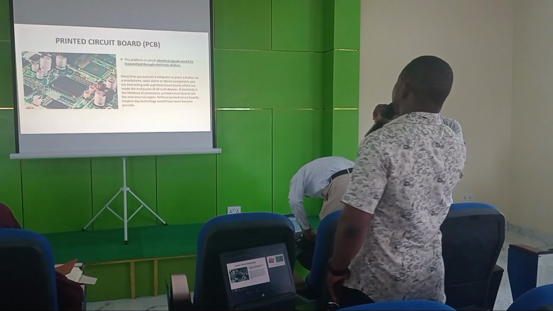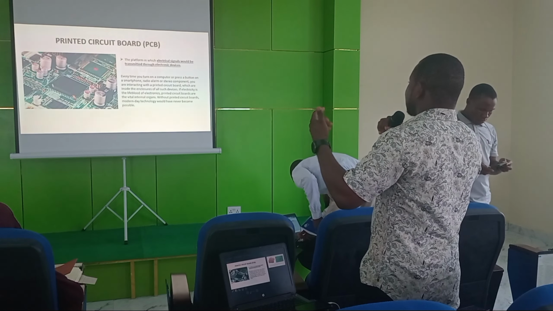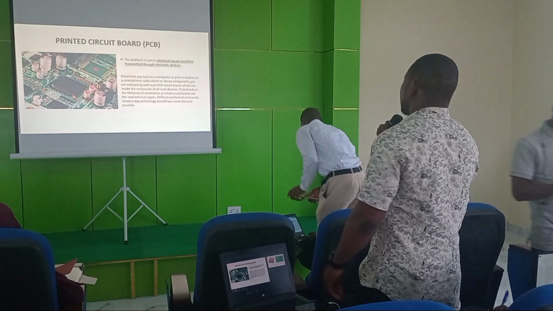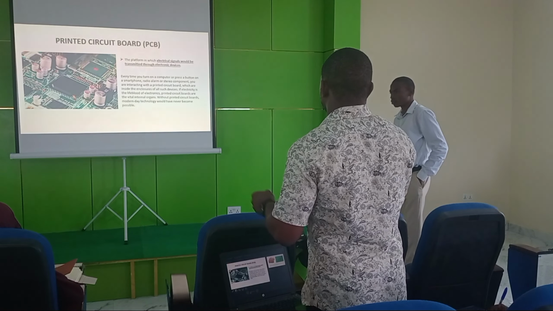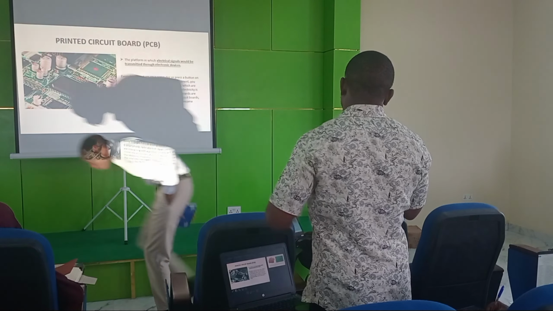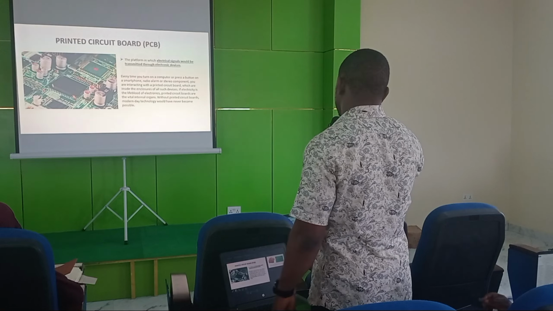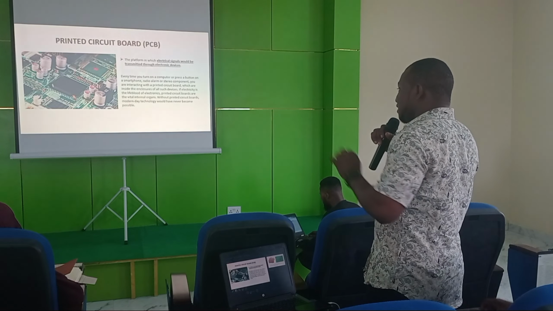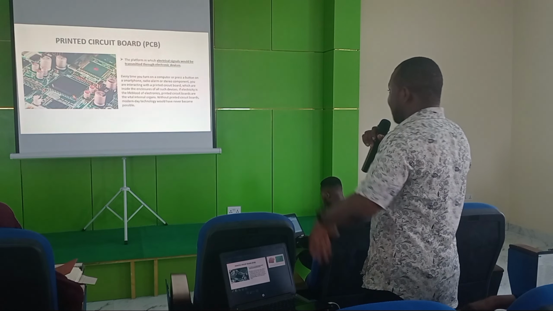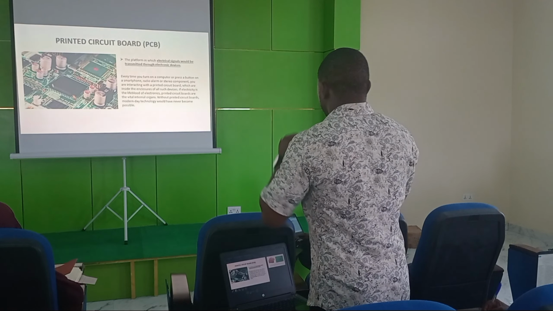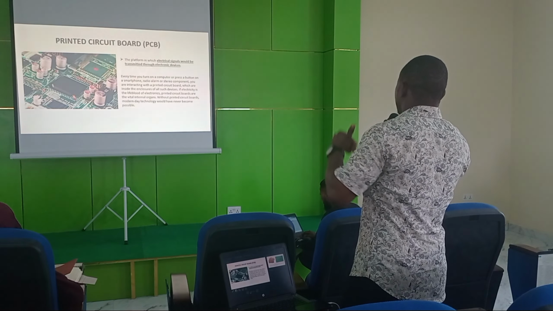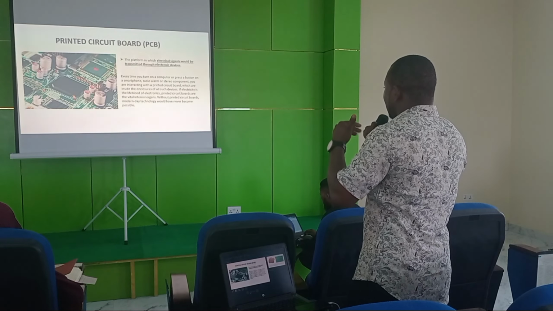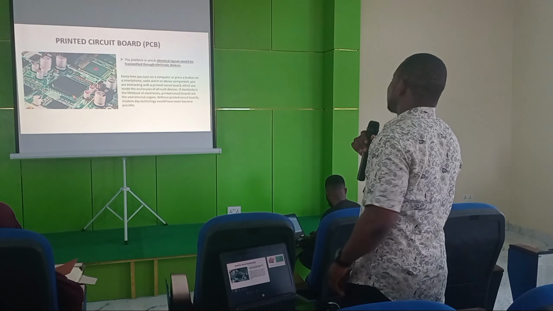The word PCB means what? Printed circuit board. A printed circuit board is a platform through which electrical signals are transmitted through what? Electronic devices. Every time you turn on any computer system or electronics device, you are interacting with the printed circuit board, which is inside the enclosure of all such devices.